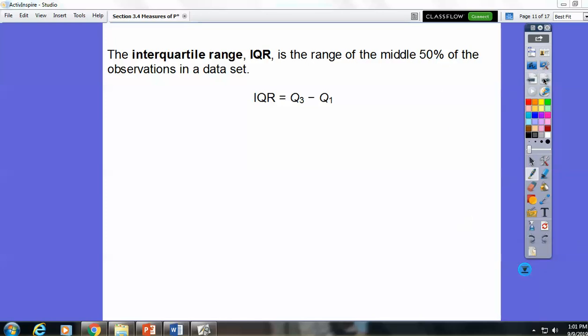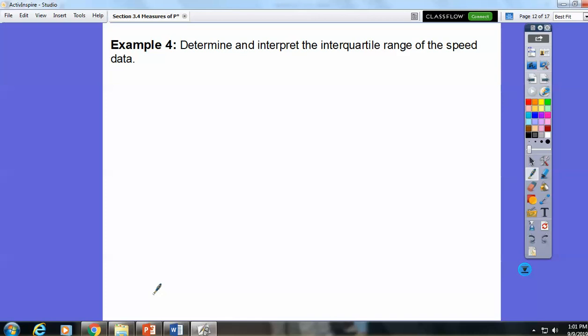Last example for today, I want the interquartile range of that speed example. So the interquartile range for that, quartile 3 minus quartile 1, which was 28, and we get 10.